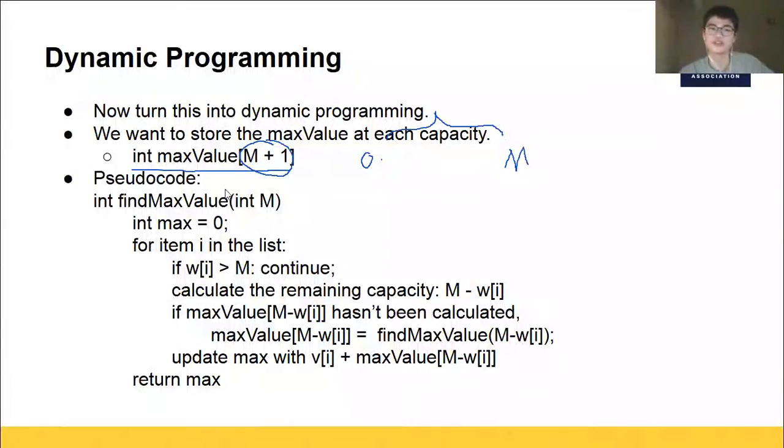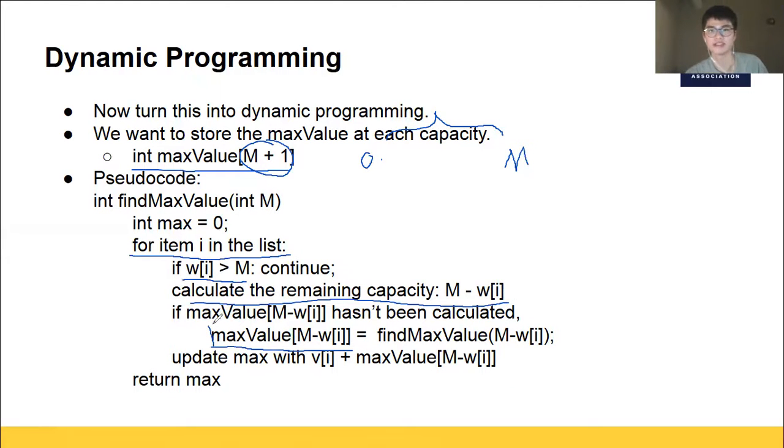Then we look at the pseudocode. In the pseudocode, we iterate through all the items in the list. If the weight of that item is larger than our current capacity, then we disregard that item because we cannot fit it anymore. If not, we look at the remaining capacity if we take that item into our knapsack. Then we calculate the max value we could achieve with the remaining capacity by looking at our array.